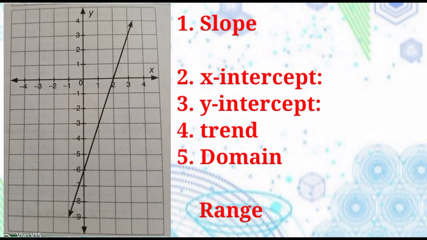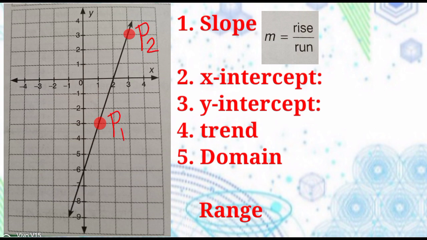This is my first example, and number 1, determine the slope. Ang given natin ay graph, kaya gamitin ang formula na rise over run. Ang mga points na gagamitin ko ay ito. Ito ang first point o p sub 1 at ito naman ang second point o p sub 2.